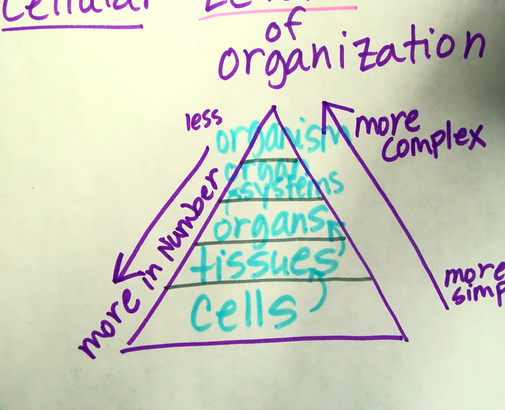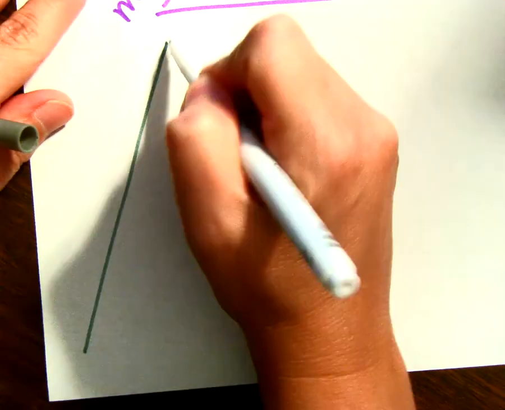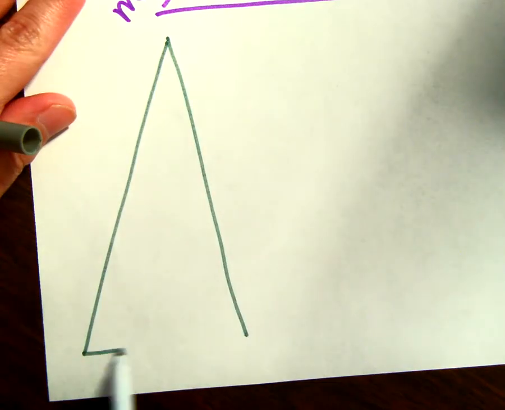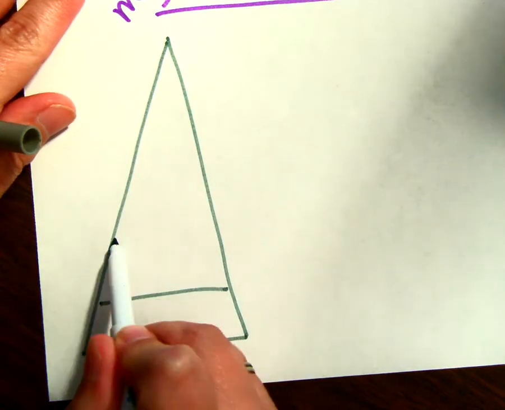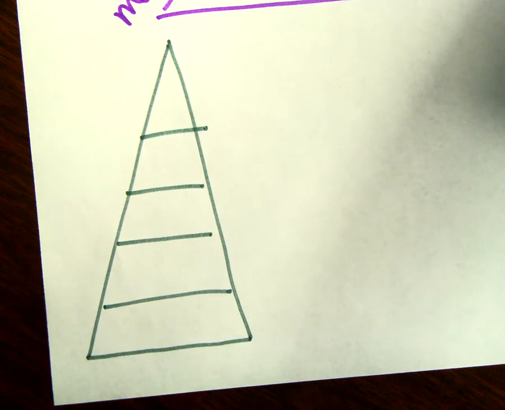So let's talk about plants first. I first want to talk about plants and what levels they could be at. So let's move on to a new section of our notes, our paper. Let's draw our levels really quick. Okay, let's go ahead and label them.